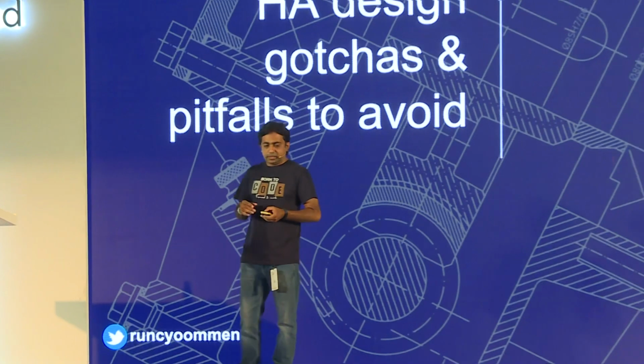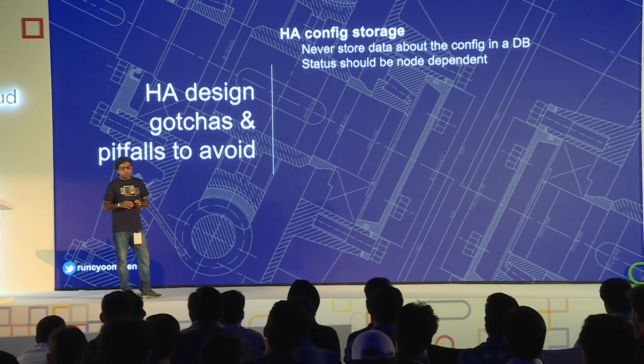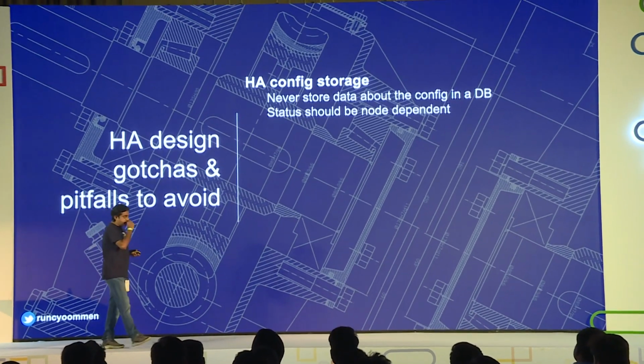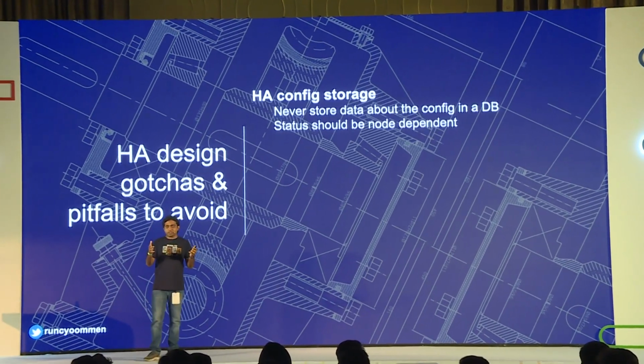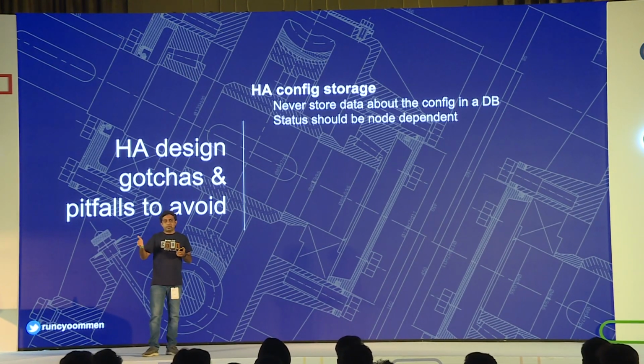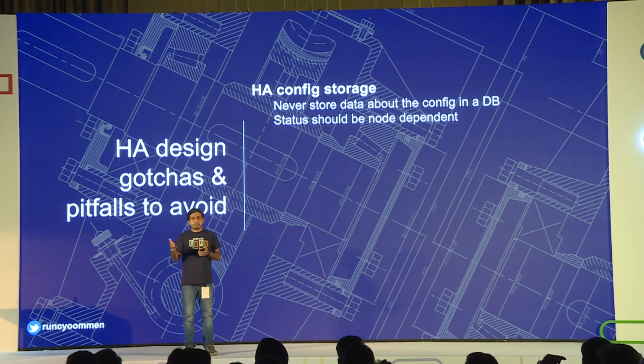So you're going to look at the design gotchas and the pitfalls. You should never store the data about the config in a DB, right? There is this logic that I've talked about. I did show a bunch of JSON examples, right? Where would you store those JSON configs, or XML, anything?